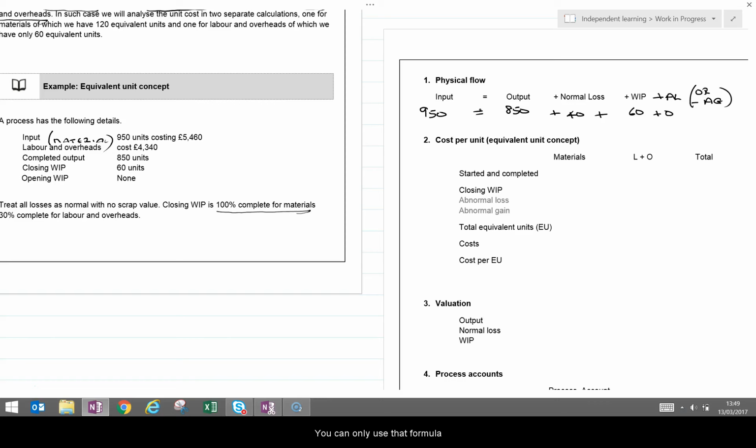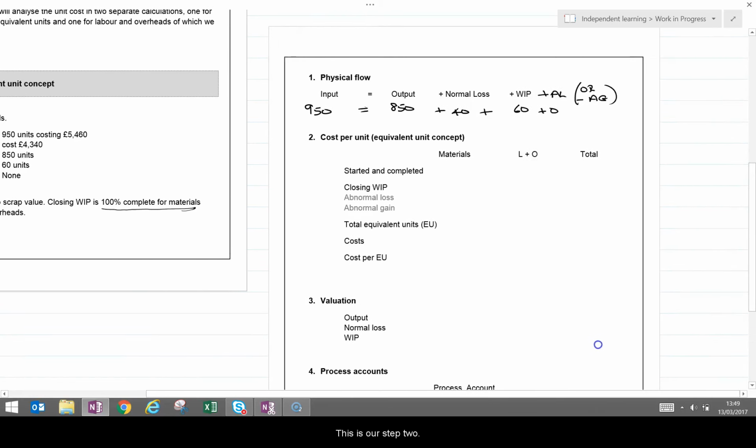You can only use that formula when there is no work in progress. Now that we have work in progress, we have to look at a different method of working out the cost per unit, because we have to consider the equivalent units.